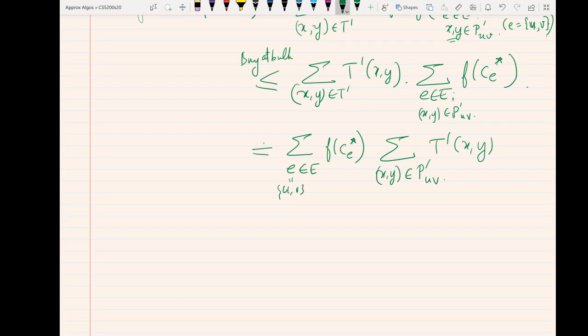Finally, this, as we know, is nothing but the distance between U and V in T prime, since there's a unique path in T prime.